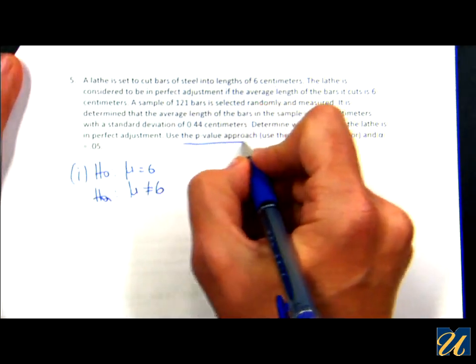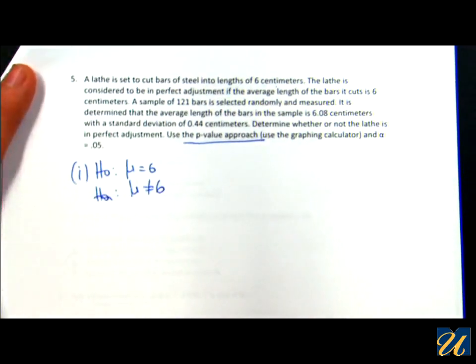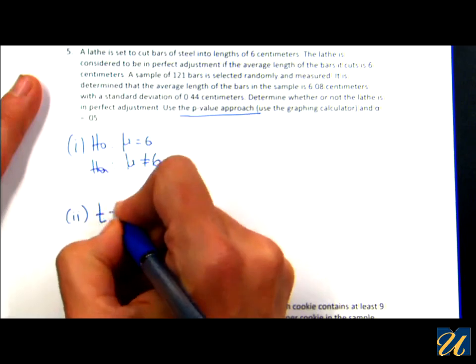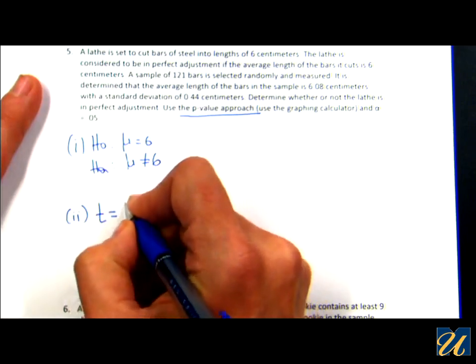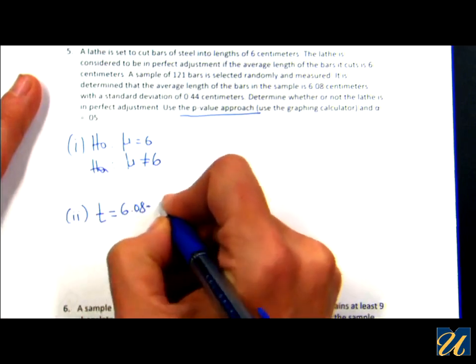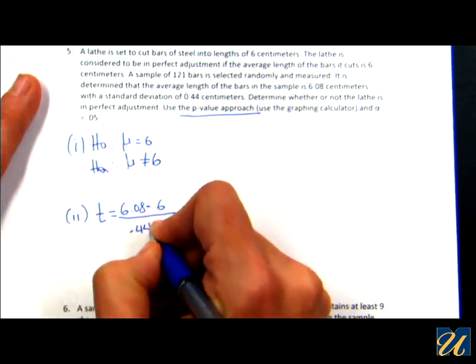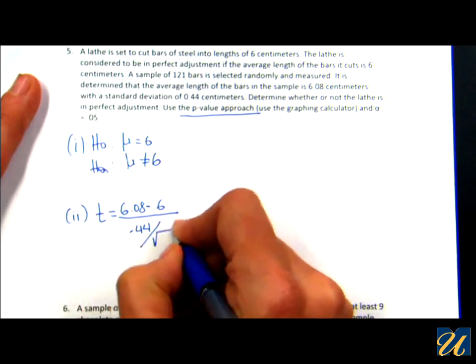We are using the p-value approach. So we calculate the test statistic. T is equal to X bar 6.08 minus 6 over 0.44 divided by square root of 121.